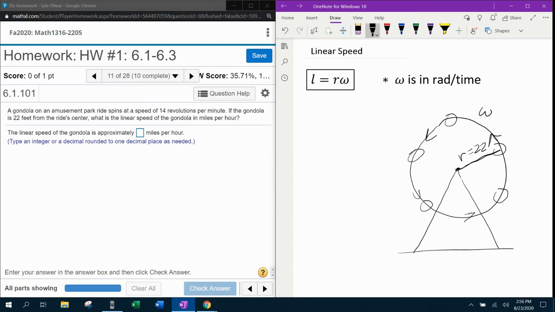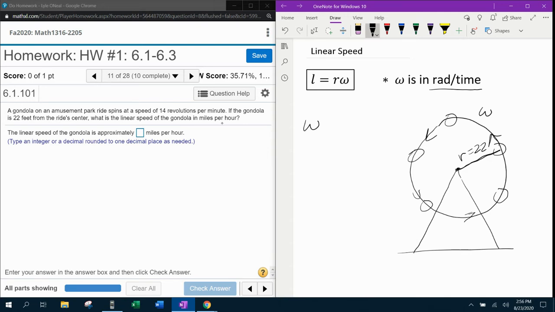In order to plug into this formula, we need angular speed to be in radians per whatever the time unit is. In this case, it's minutes. So we're going to need an angular speed of so many radians per minute. What we currently know is revolutions per minute, okay? So let's make a note of this.